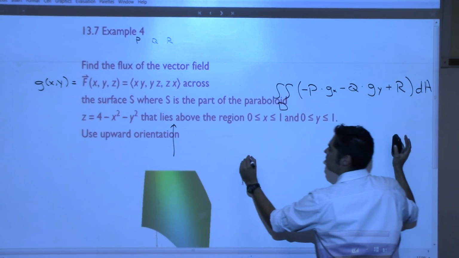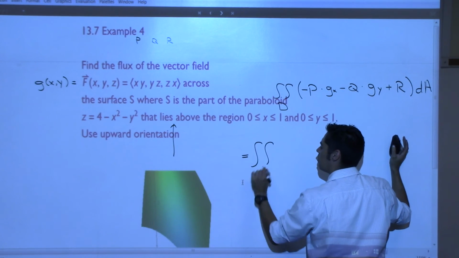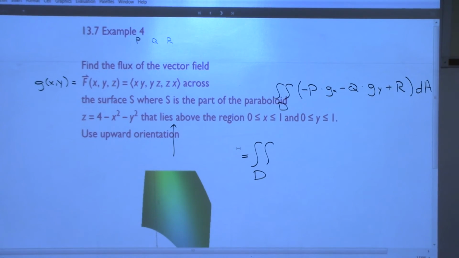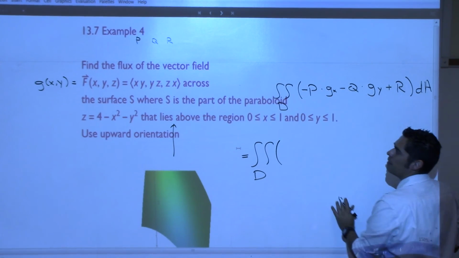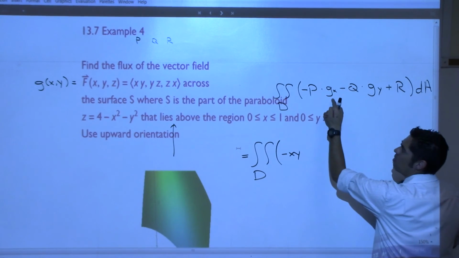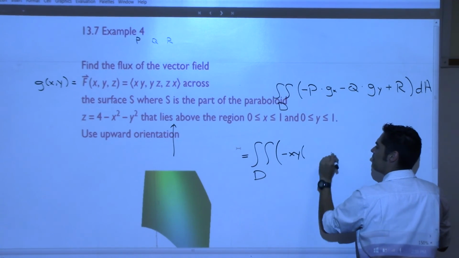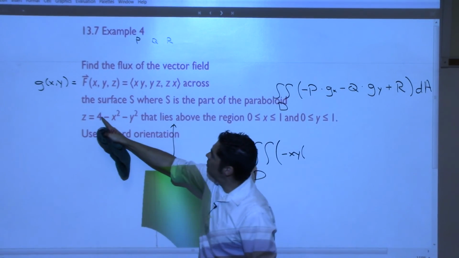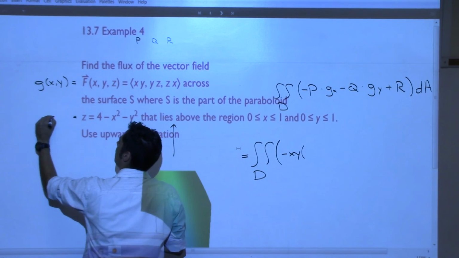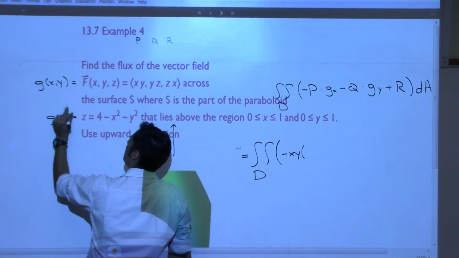Which will be equal to double integral over D. What's negative P? Negative xy, times partial of g with respect to x. Here's my g. What's my partial of g with respect to x?